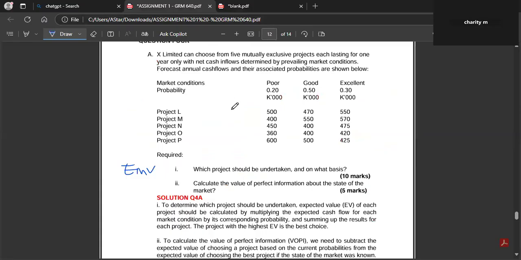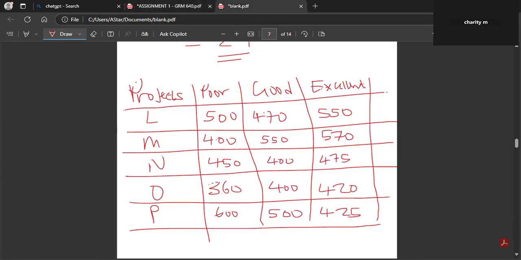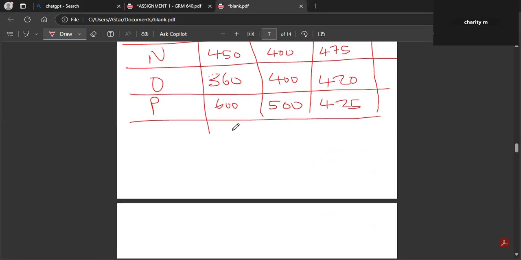Yes. So what are the probabilities? 0.2, 0.5, and 0.3. Let us find EMV for L. What is EMV for L?